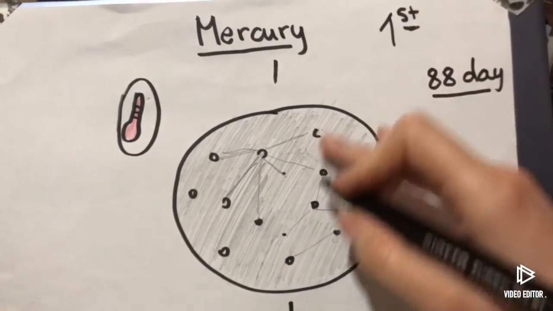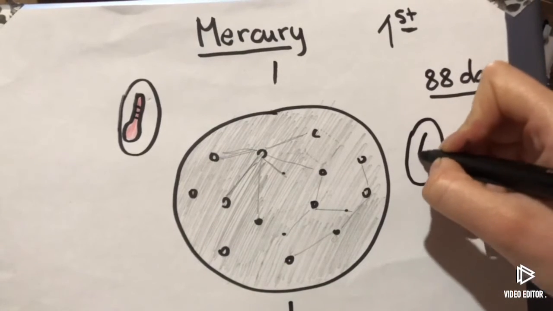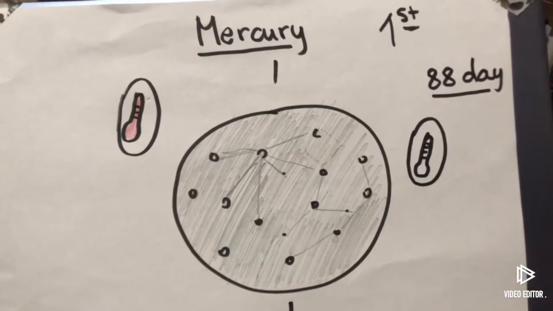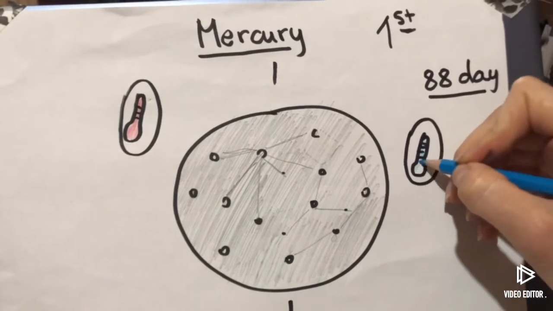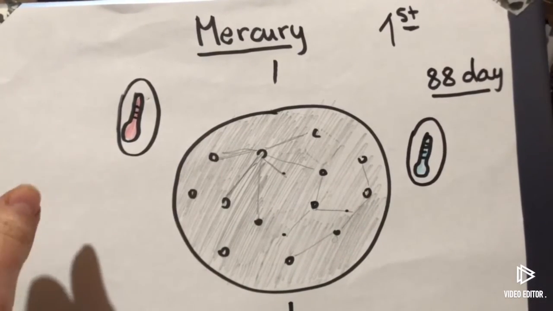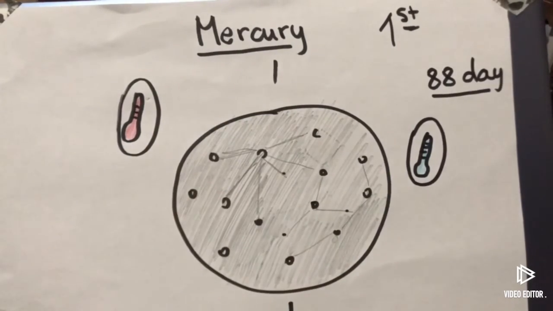And the other side, because it doesn't have any atmosphere, is very, very cold. Another thermometer, but this time we're going to draw it blue, okay? So if you were to live on Mercury, on the side that faces the sun, it'll be very, very warm. And on the side that faces away from the sun, it'll be very cold.